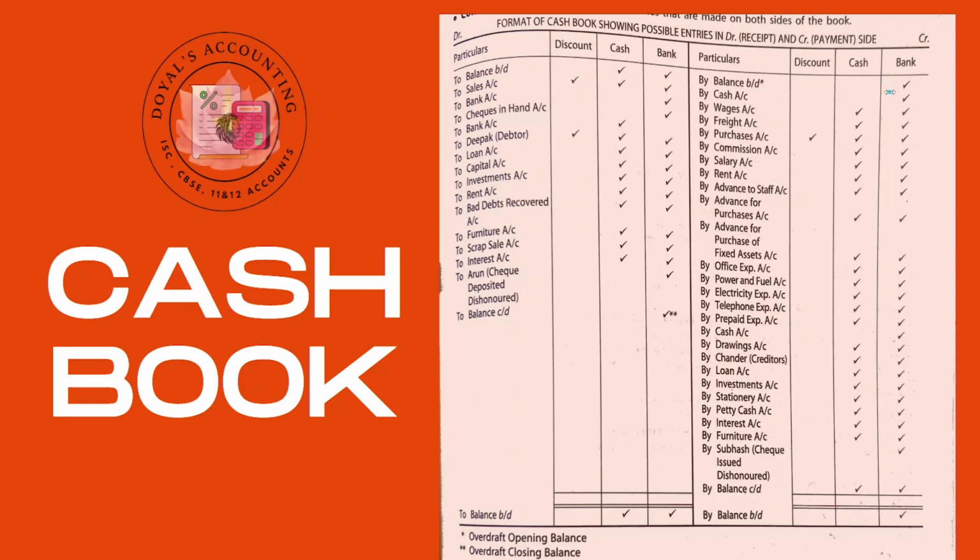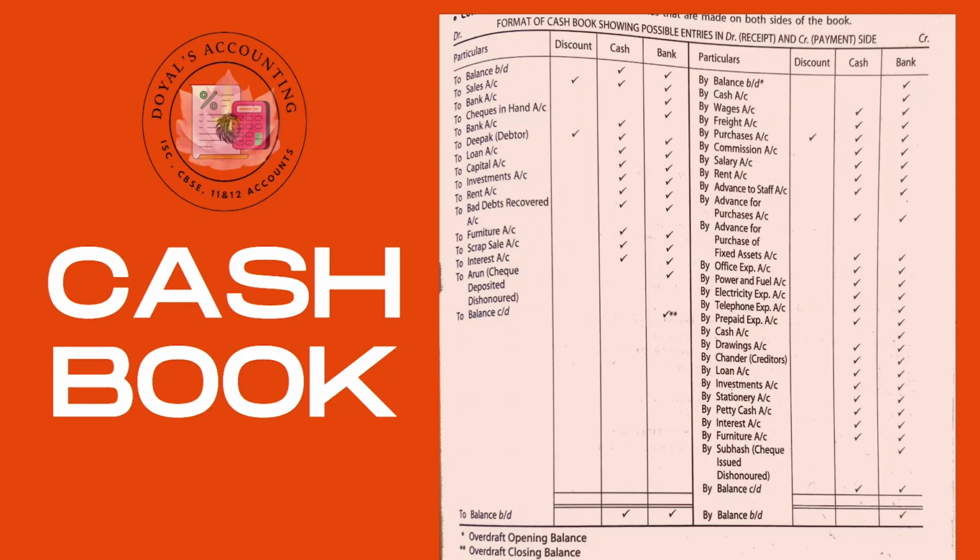Remember, cash column will always have a debit balance which will be shown on the asset side of the balance sheet, but bank column can have either a debit or a credit balance which can be shown on either the asset or the liabilities side of the balance sheet.